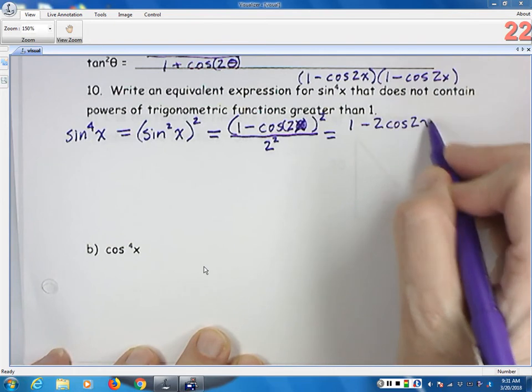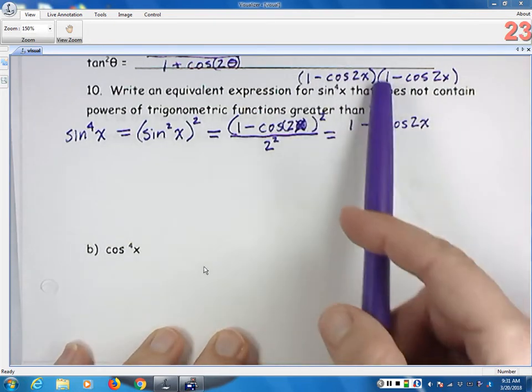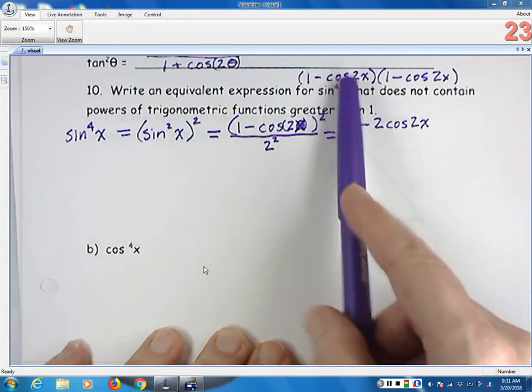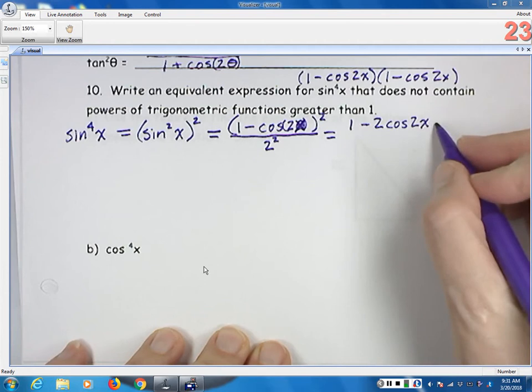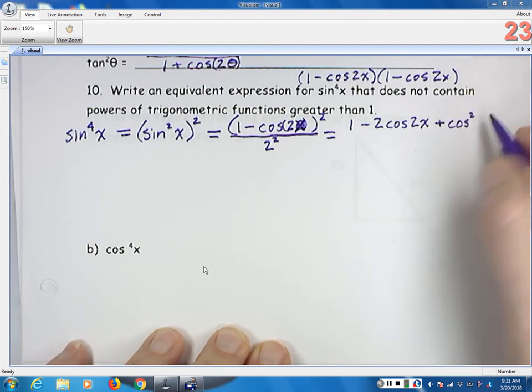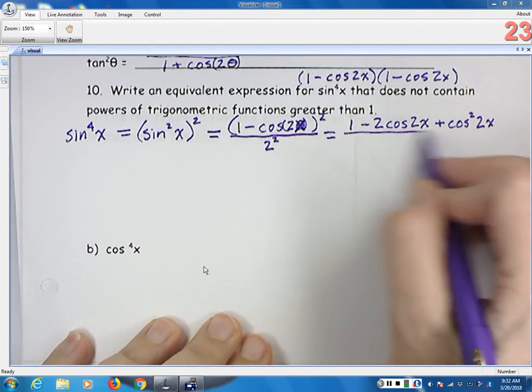I skipped a step. It's the outer and inner terms added together. And then minus cosine 2x times minus cosine 2x is plus cosine squared 2x. And of course 2 squared is 4.